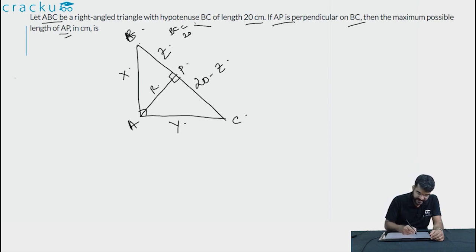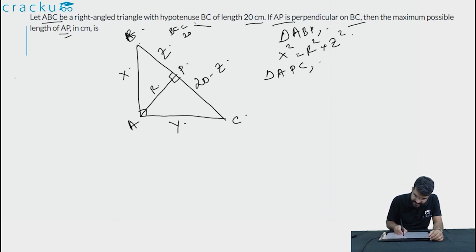In triangle ABP, x square, here x is the hypotenuse, is equal to R square plus Z square. Similarly in triangle APC, y is the hypotenuse, so y square is equal to R square plus 20 minus Z whole square.